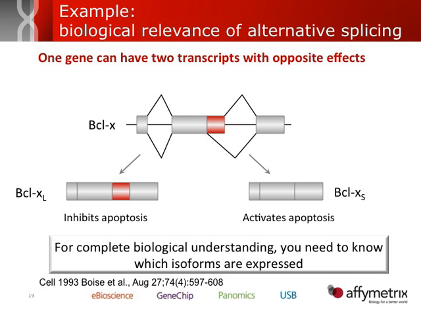And the cells that are expressing the shorter isoform are actually dying. So if you were looking at just gene-level information, you'd potentially miss something that was telling you why these 2 different cell populations were behaving very differently. Some cells were living and some cells were dying, and it's a result of alternative splicing rather than whole gene differential expression. So you really need to know which isoforms are being expressed in order to get a complete biological understanding of your system.